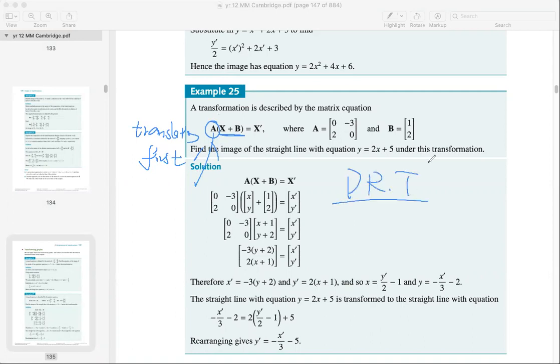But sometimes the question tries to trick you, so they will do the translation first, then the dilation. So it really depends on the problem. But when we do the calculations, we always follow DRT. Just make sure you follow this way, because it's easier for the examiners and markers to follow each step.